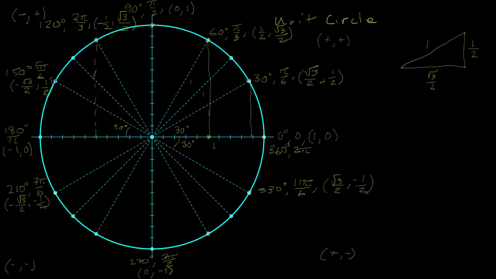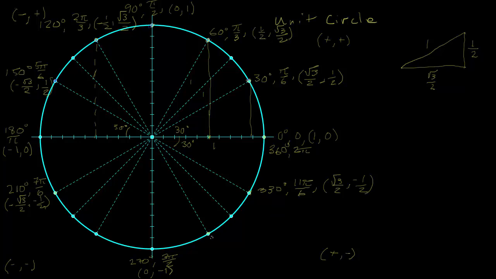Now, let's think in terms of thirds. 2 pi is equal to 6 pi over 3. 1 less than 6 pi over 3 is 5 pi over 3. So this here is 60 degrees less than 360.